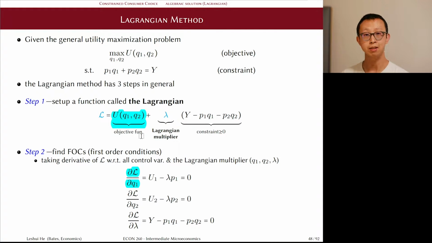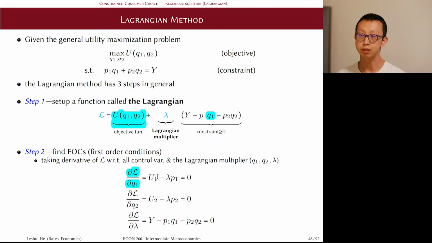However, on the other hand, the second channel that Q1 affects the Lagrangian is that every extra unit of good 1 the consumer enjoys raises the consumer's expenditure by P1 units. So through this, it's going to play through the constraint part of the Lagrangian.